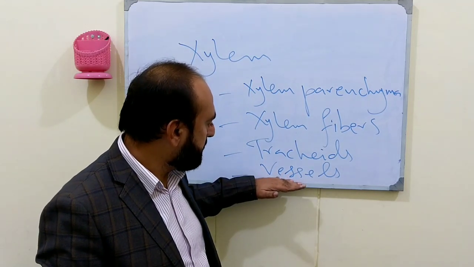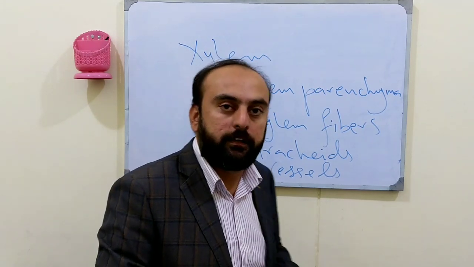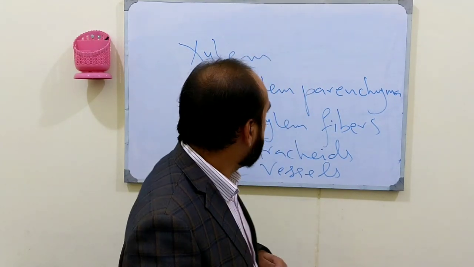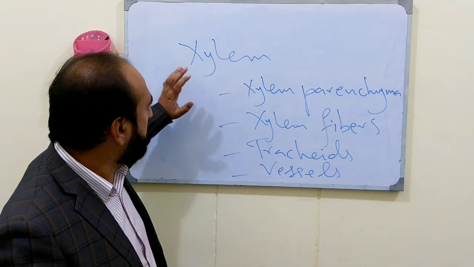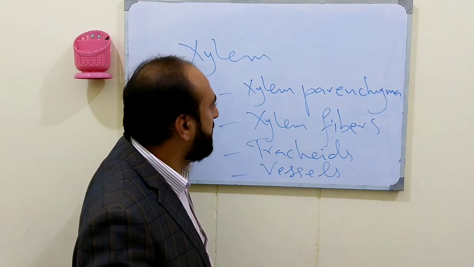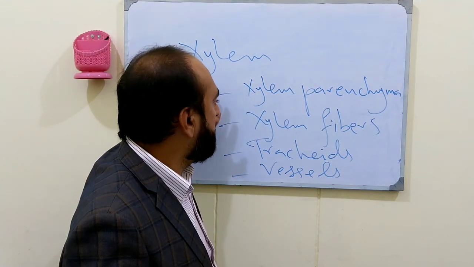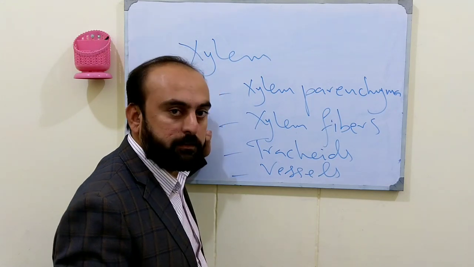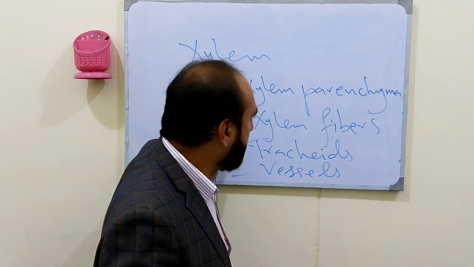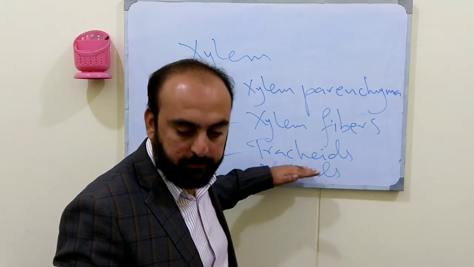And they are super tough due to the lignification of secondary cell walls. So xylem is responsible for unidirectional movement of water and minerals, and this is a complex permanent tissue which is made up of 4 different cells: parenchyma cells, fiber cells, tracheids and vessels.